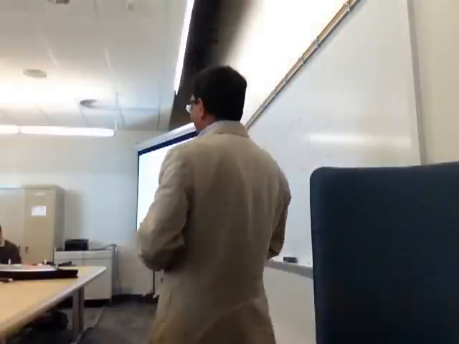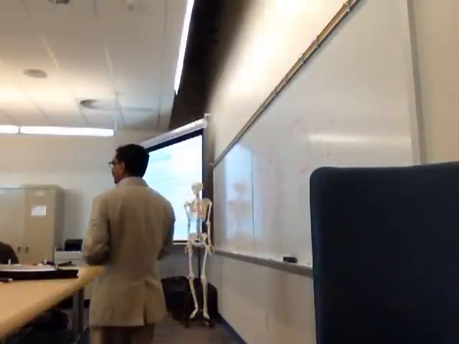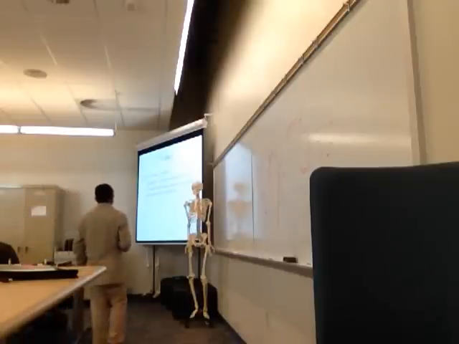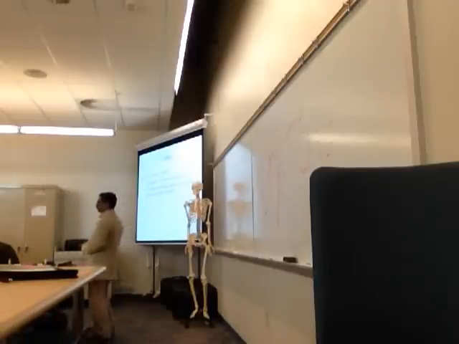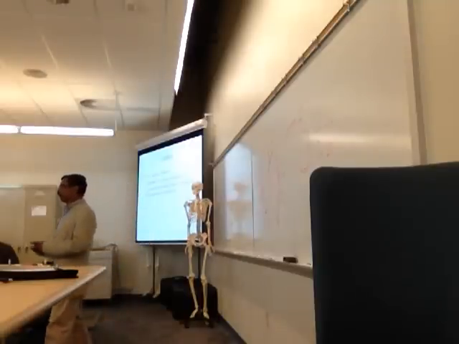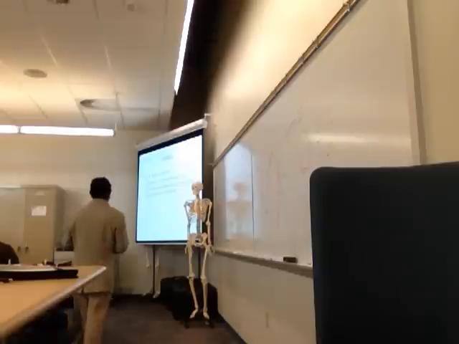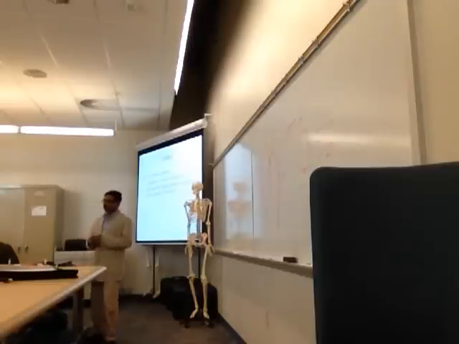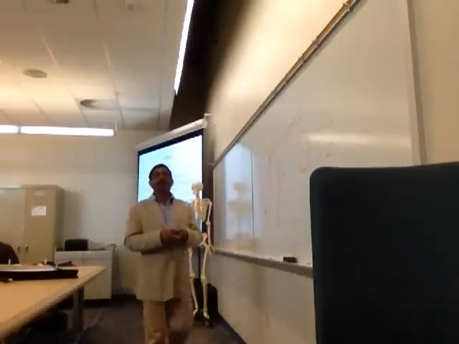Now, the urethra. Only this part is different between male and female. Male urethra is much longer than female urethra. Female urethra is 3 to 4 centimeters in length, and male urethra is 15 to 20 centimeters.